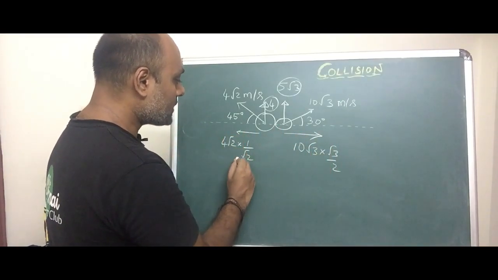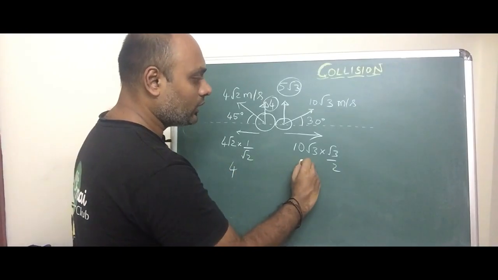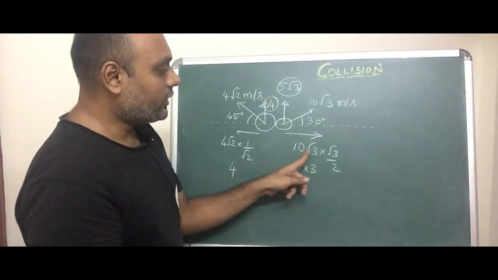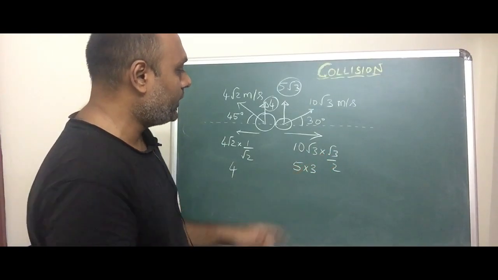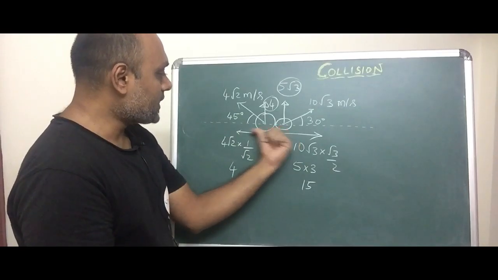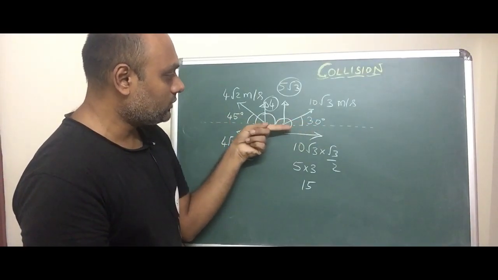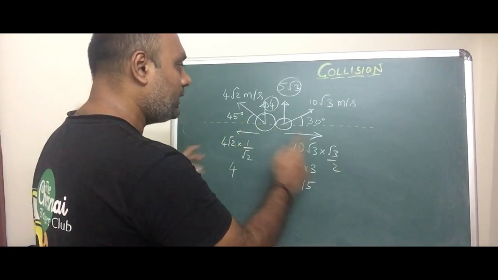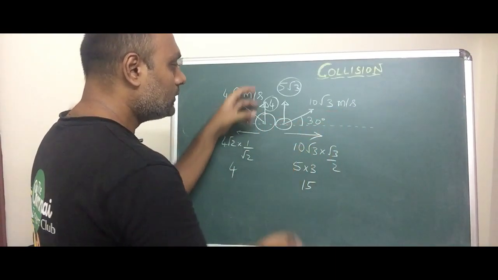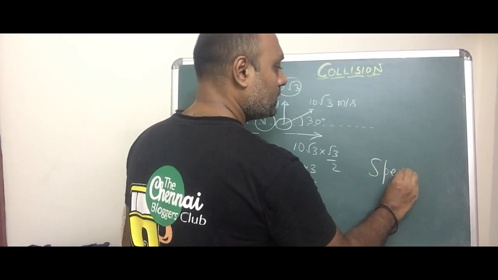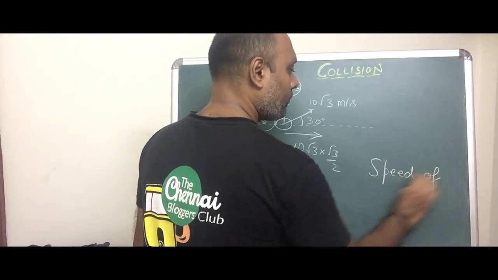So 10 root 3 into root 3 by 2 is going to be 15, and this is 4. So it moves in this direction with 4 and it moves in this direction with 15. Since they are moving in opposite directions, the speed of separation will be 15 plus 4. So speed of separation in this case is going to be 19.